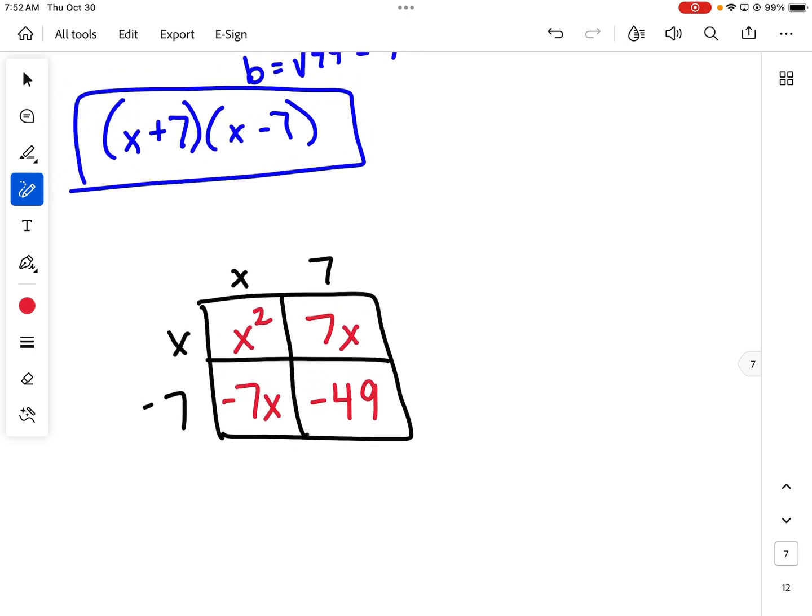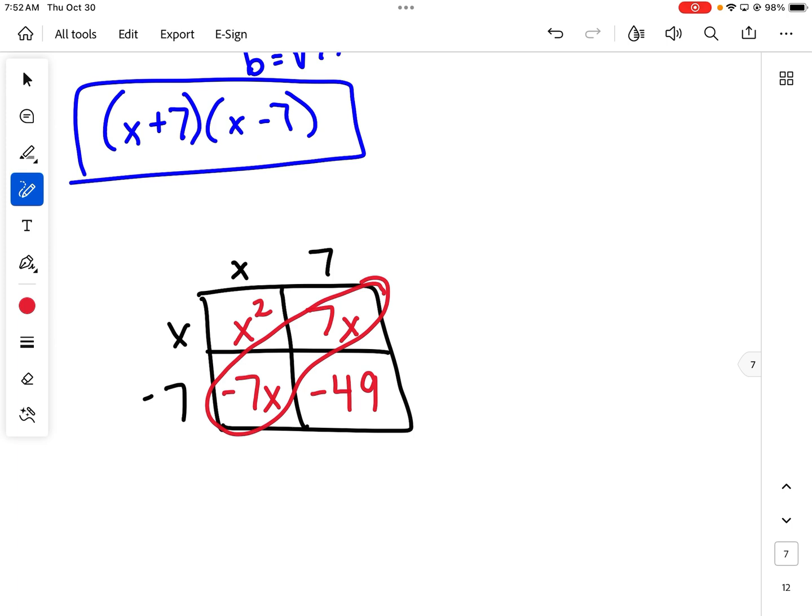Shake your head if you remember this. Shake your head if you don't remember this. So then you add these terms, right? And we have negative 7x plus 7x. Well, 7 minus 7 is 0. So this leaves me with just x squared minus 49.